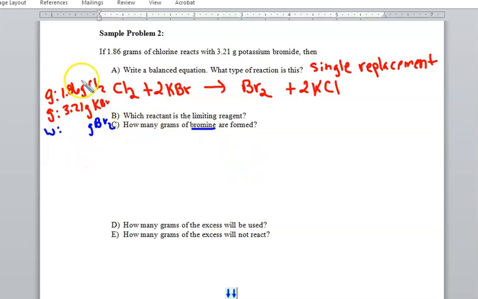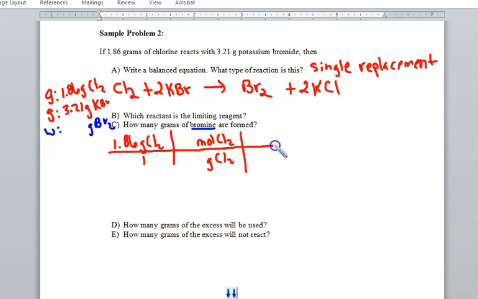All right, this one's mass of one thing going to the mass of the other, so this is going to get long. So we're going to start out with 1.86 grams of chlorine. We cannot go to bromine yet. We've got to go to moles of chlorine. I'll put numbers in a moment.